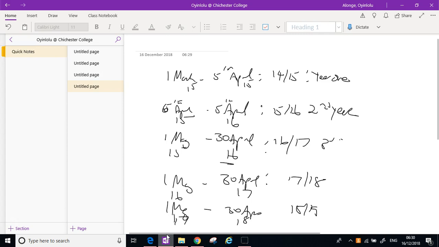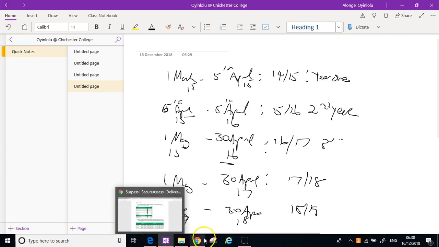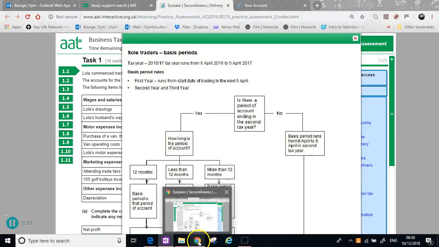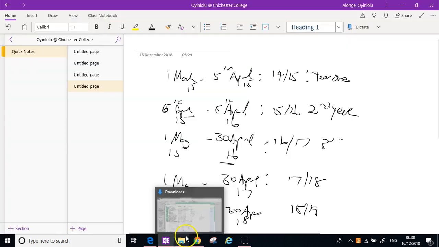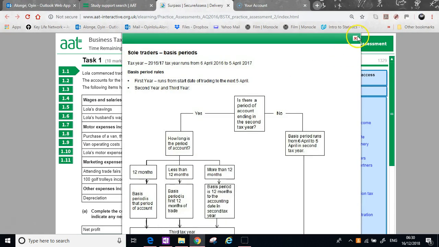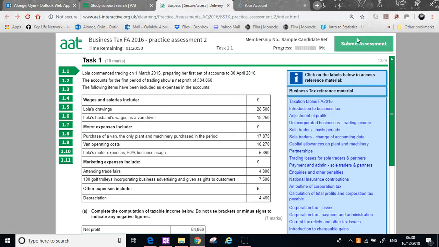So let's go back to the profit adjustments. Where are we? Here we are. This should be pretty straightforward. I'm going to run through these. You can probably figure out what's happening here. The first question: should we allow Lola's drawings?